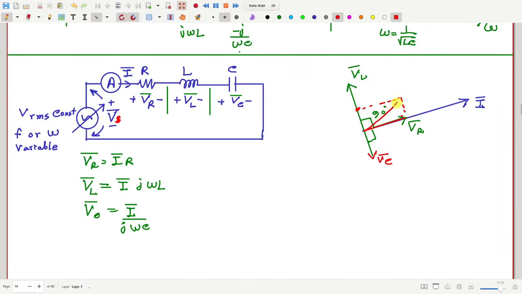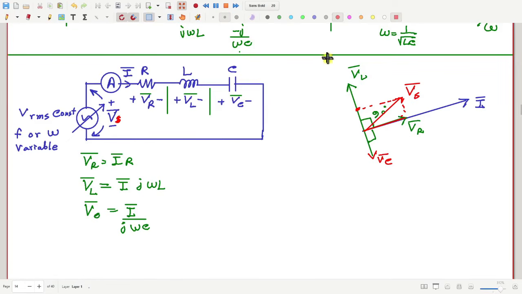So this will be the resultant voltage, VS, source voltage. Now, another thing I want to say. Okay, so this is the phasor diagram representing the relation between voltages and currents in this circuit.